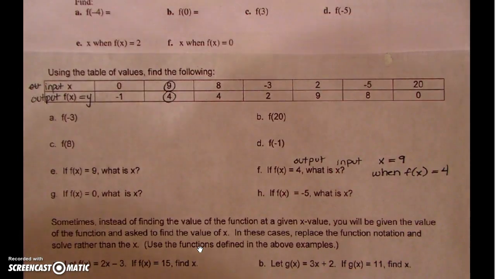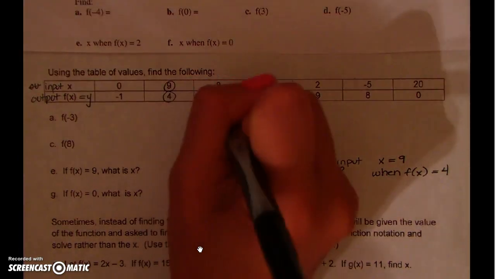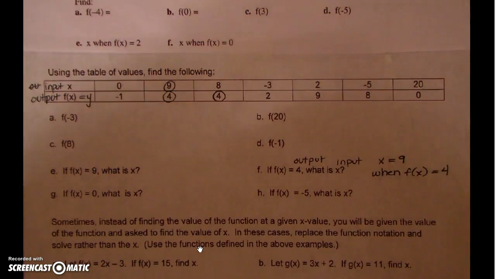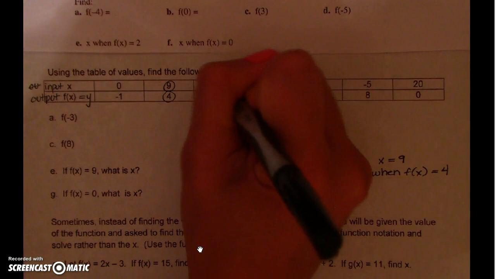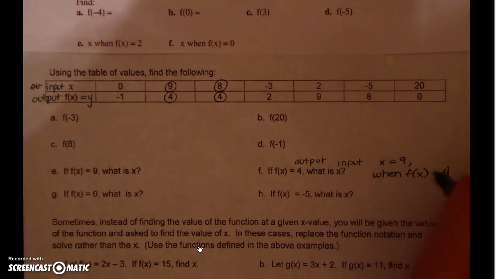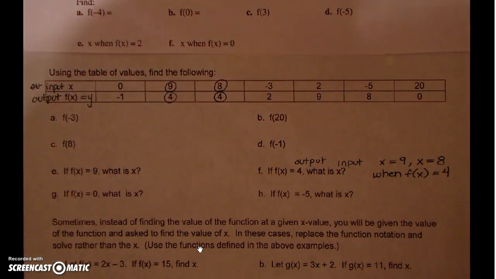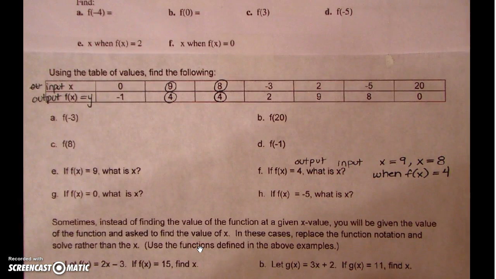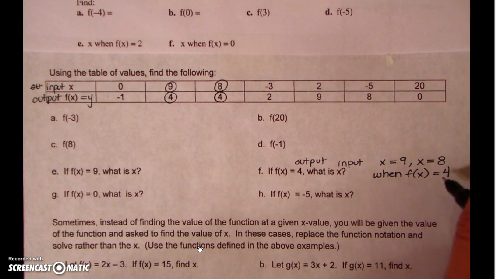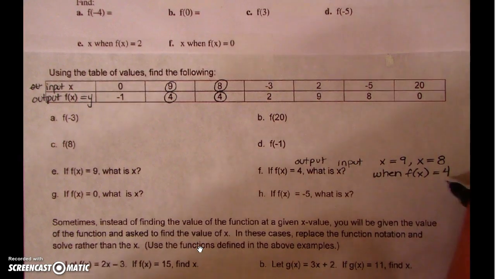If I keep looking on my table, I see that there's a second y value for 4, and that input is 8. So when x is equal to 9 and x is equal to 8, both are true values for when the function is equal to 4.